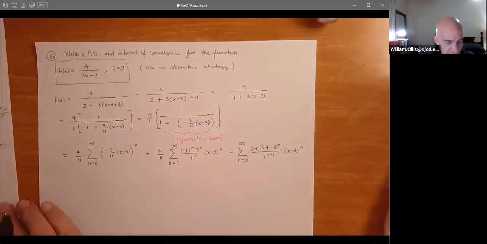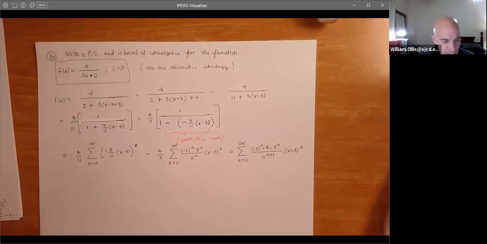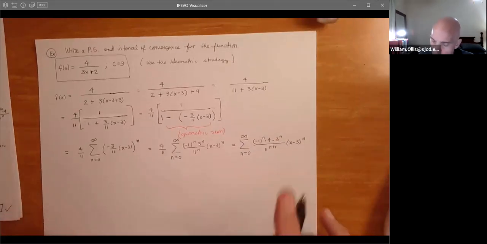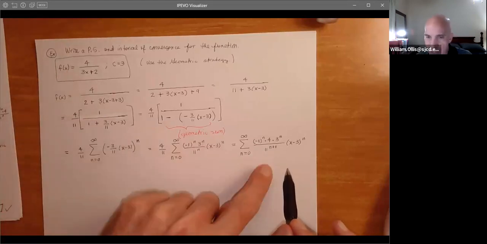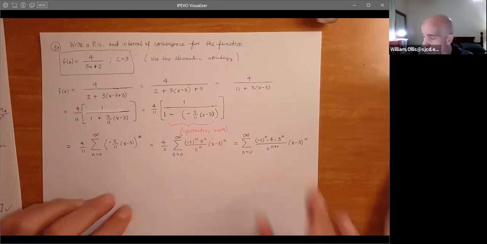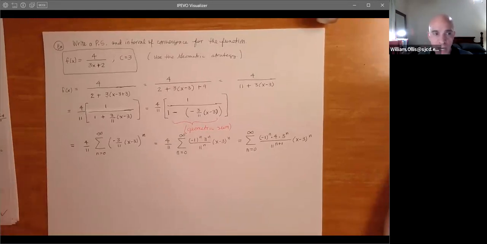So when you look at this and think about what we've done in this particular case, you're thinking, okay, now we have a setup that expresses this function as a power series. Maybe the problem that we're working on requires that we have this expression.